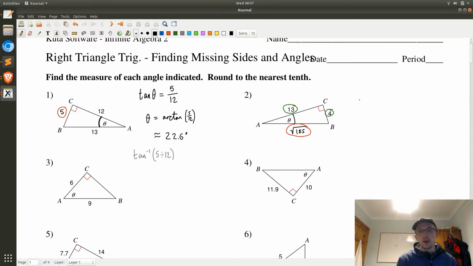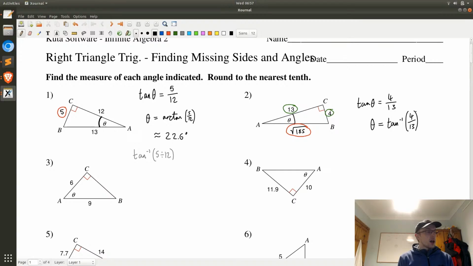So, we can use tangent of theta equals opposite divided by adjacent equals 4 over 13. So theta is the arctangent of 4/13. You can write tan with a tiny little -1, but I really don't like it because it gets people confused and makes them think that it's the reciprocal of tan, which it isn't.